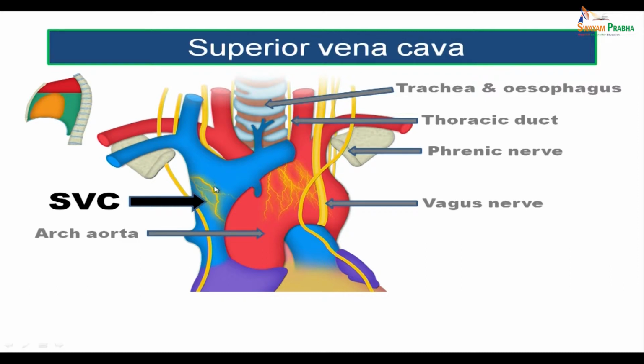The proximal half, about 3.5 centimeters, is extrapericardial. The lower half, the lower 3.5 centimeters, is intrapericardial. It is going to enter the pericardium at the level of the second costal cartilage. That is where it is going to pierce the pericardium and become intrapericardial.